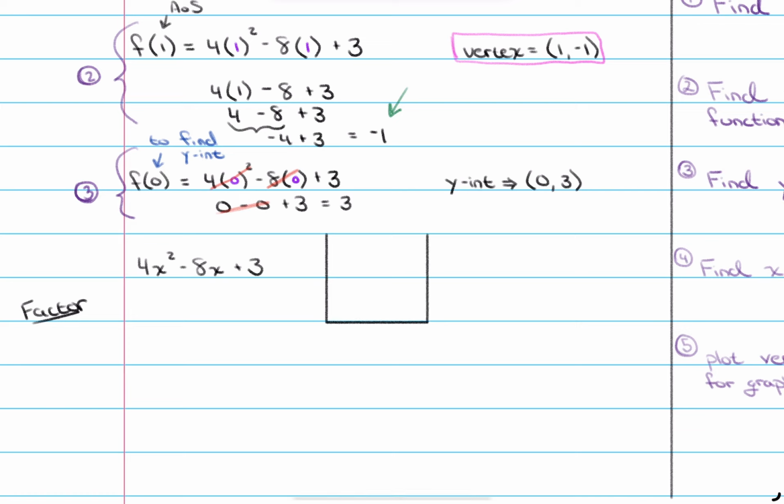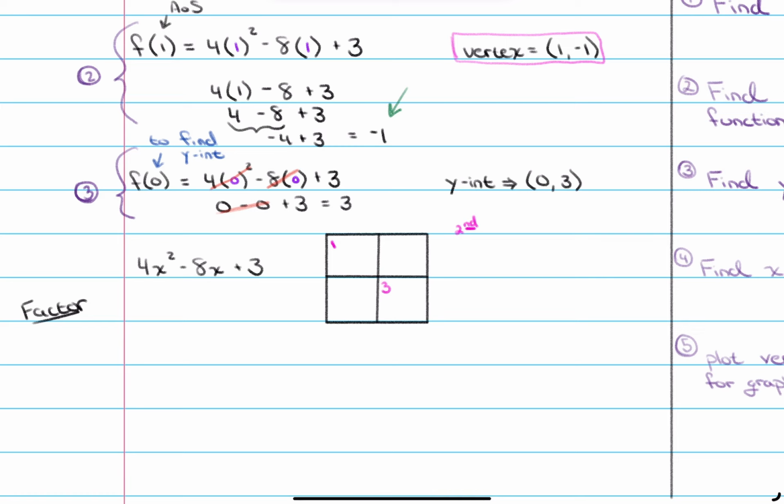And so here's my box. And I am going to use this to factor my quadratic. Your first term goes up here. Your third term is going to go here. And then we're going to put our second term right there.